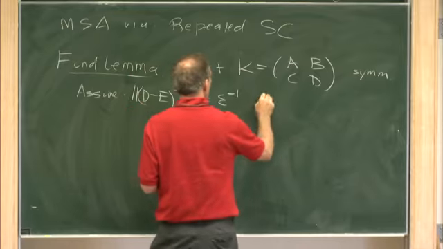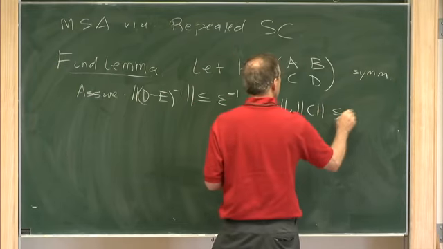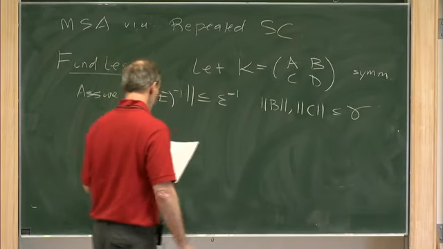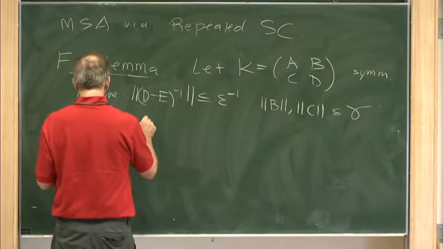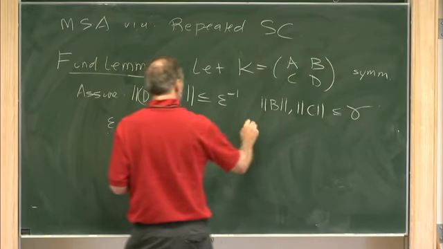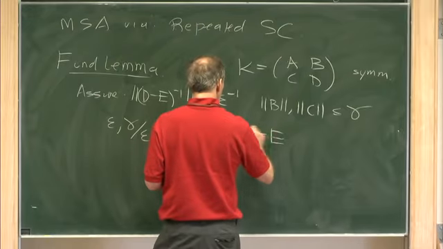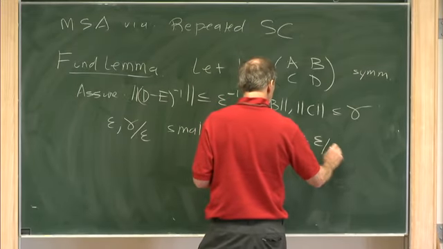And B and C are small. They're bounded by gamma. And both epsilon and gamma over epsilon are small. And furthermore, let's take lambda minus E. We're going to look at a neighborhood of some fixed energy E of width epsilon over 2.